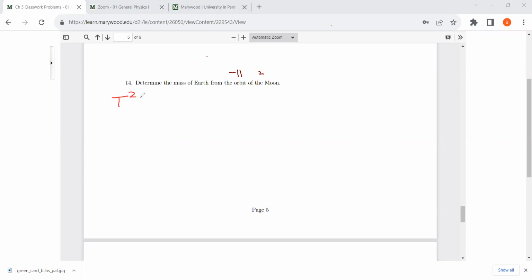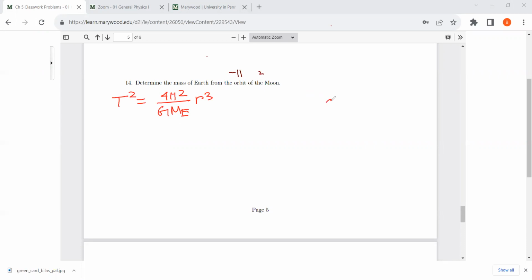One of the equations we derived was this, 4 pi square. At the end we derived this equation. So the time period is related to the distance r and the mass of the earth.